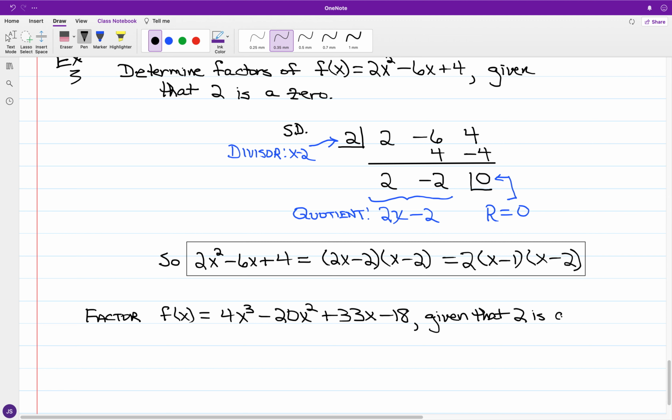Again, utilizing synthetic division, with 2 as a 0, making sure we're not missing any degree terms in the polynomial. You have a third order term, second order term, first order term, and a constant, so no 0 placeholders are necessary. We write out the coefficients: 4, negative 20, 33, and negative 18.